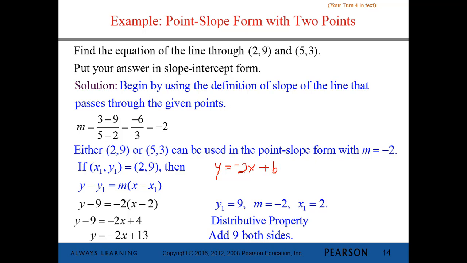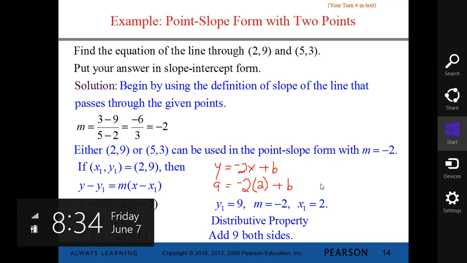Then all you had to do was take one of these 2 points, plug in y, plug in x, and then solve for b. So you could have done 2, 9, and said, okay, well, this is going to be 9 equals negative 2 times 2 plus b. And so in this case, we're solving for the y-intercept.